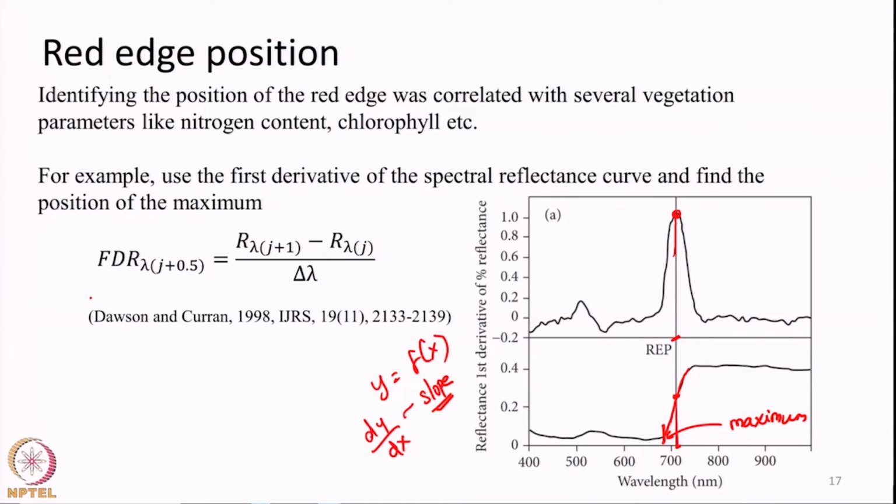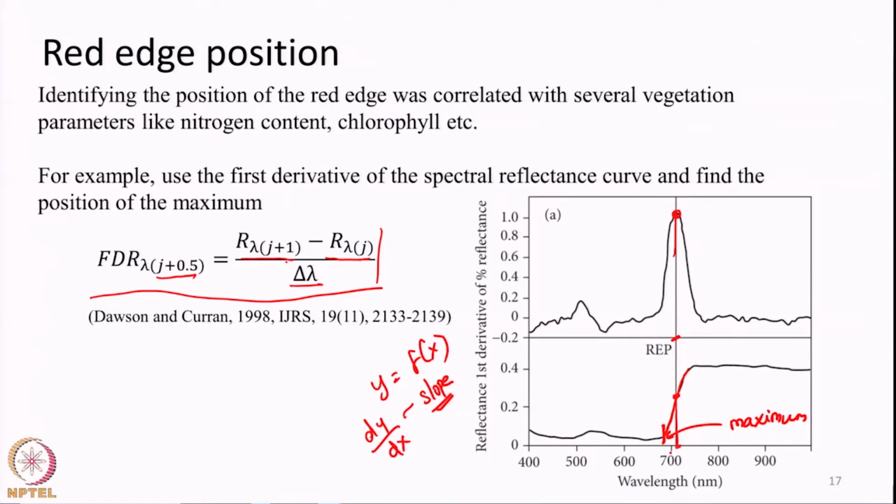So, that is given here. This is possible from hyperspectral sensors. This is the reflectance in band j plus 1, this is the reflectance in band j, divided by the bandwidth. You keep on calculating this, and at j plus 0.5, the band at which the maximum change occurs, we classify it as the position of the red edge.